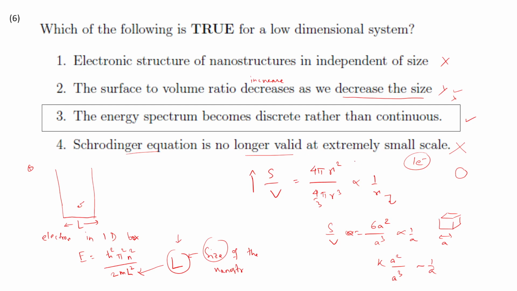Now let us look at the energy spectrum. What happens? As we go to a low dimensional structure, the energy spectrum becomes more and more discrete. Why?